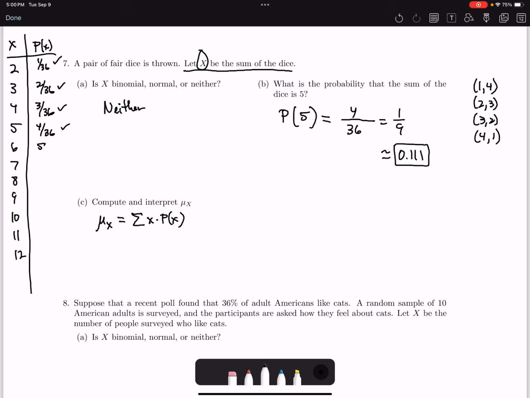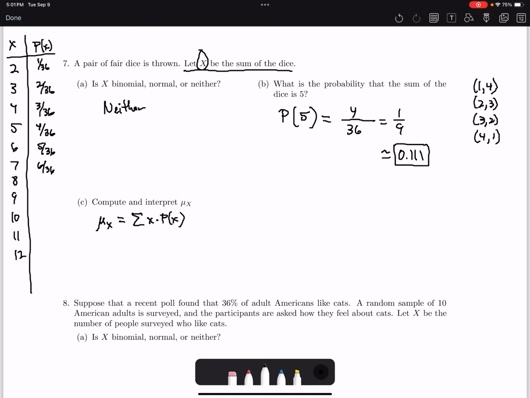So it's probably 5 out of 36, and then 6 out of 36. But the pattern does stop eventually, because if you think the probability of rolling an 8 is 7 out of 36, that's not going to be correct. So let's think this through. I'll leave it to you to verify that the probabilities of rolling a 6 and a 7 are 5 out of 36 and 6 out of 36.